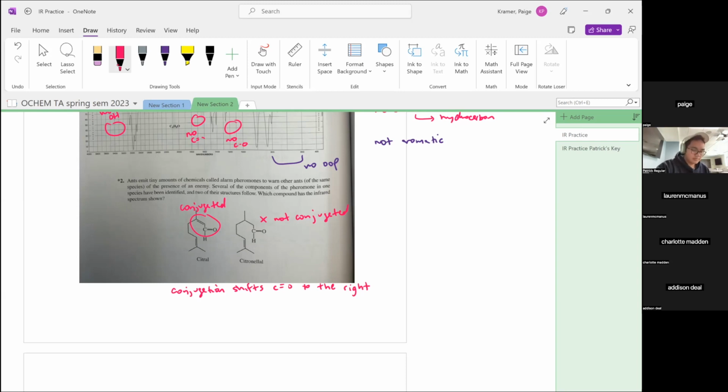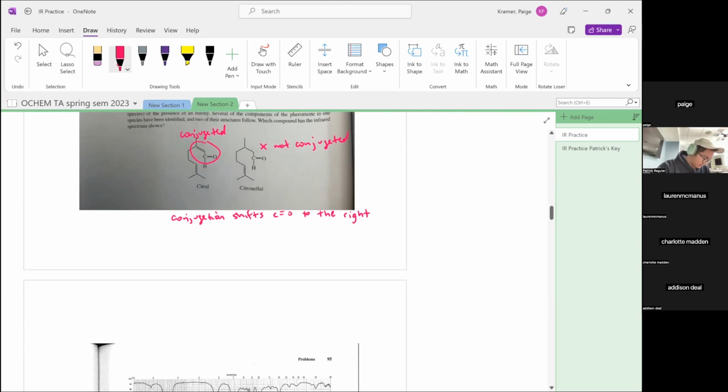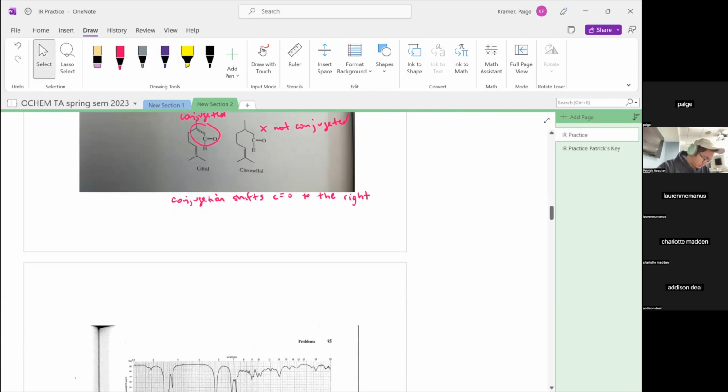So if it was this structure, we would expect our C double O peak to be shifted to the right, and this one would be more to the left.